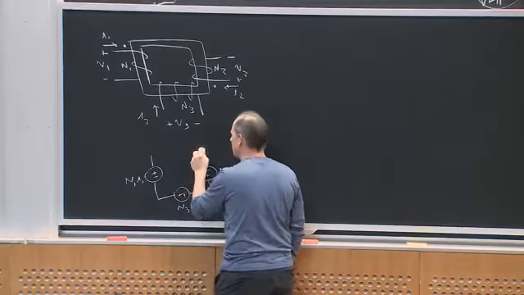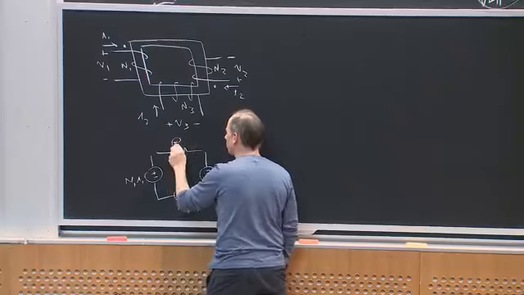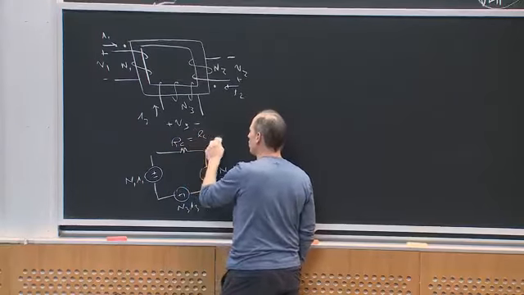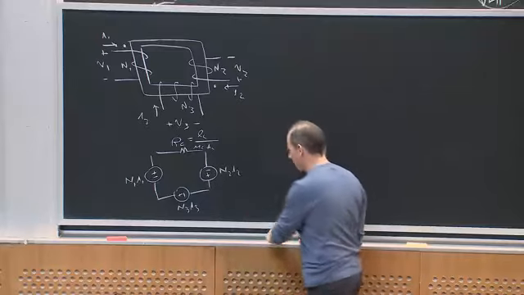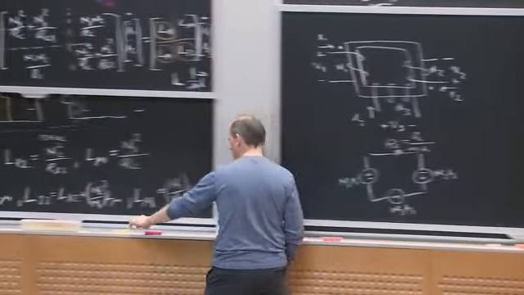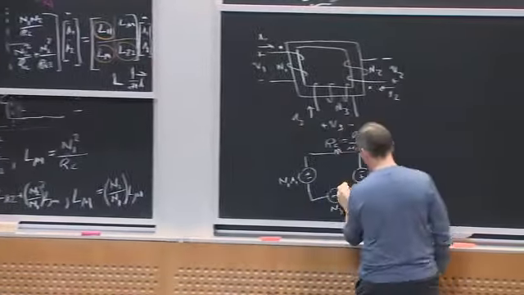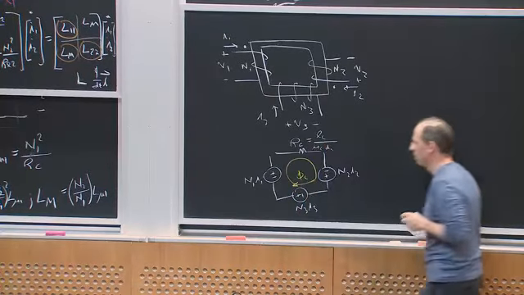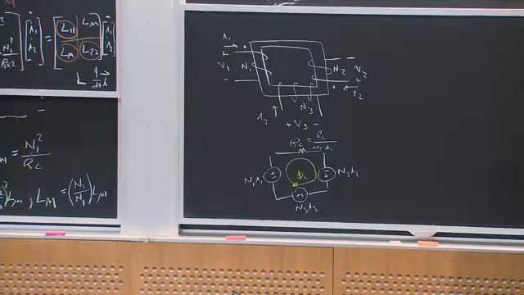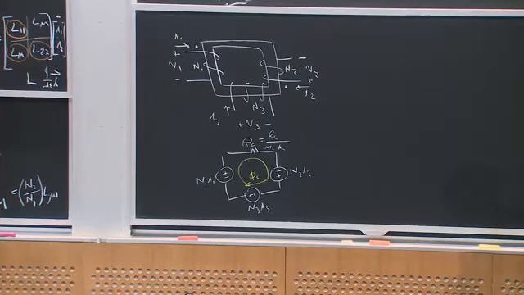And then I would have some reluctance of the core, which is equal to the length of the core over mu of the core, A of the core, and then some flux in the core, which is doing this. So all I've done is added one more MMF source.